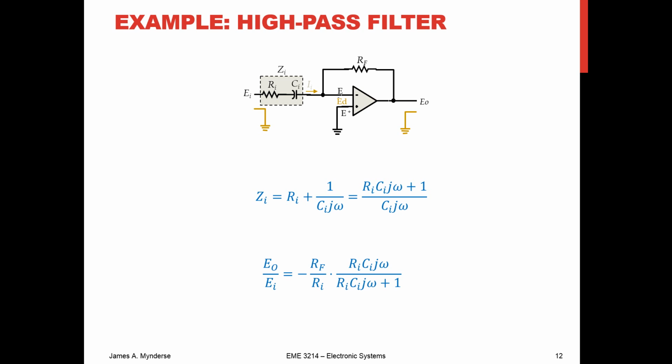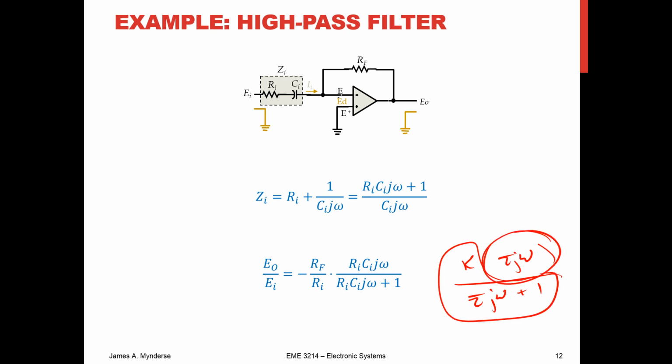So this one's a little different. This is going to be a K times, in this case, tau j omega over tau j omega plus 1. So this one is a first order system plus a differentiator. It's a little different. You can still work out the frequency response in this.